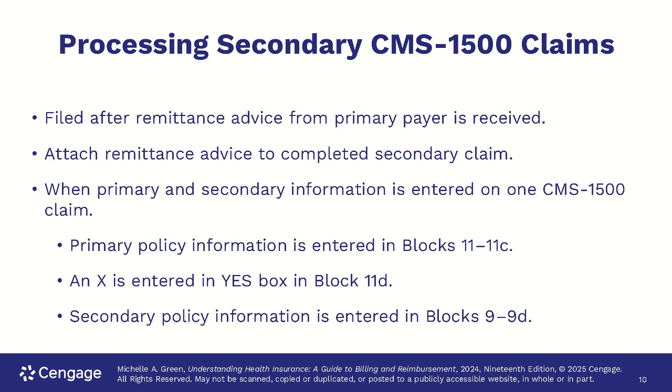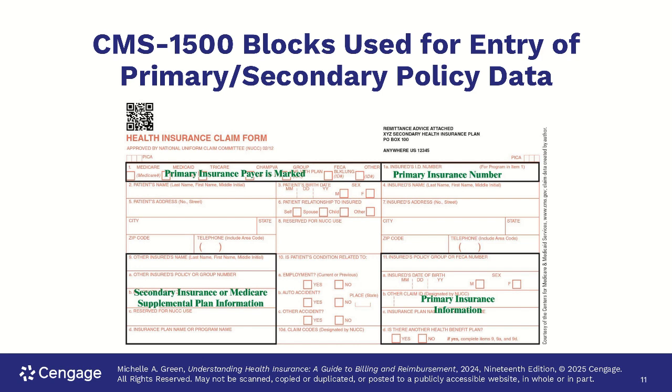The claim first goes to the primary payer, they review it, they pay us, then we send the claim to the secondary payer, letting them know how much we got paid from the first one. Some situations are set up where the claim automatically crosses over, like a Medicare and Medicaid situation. But this happens when we put on the claim form that the patient has a secondary insurance.